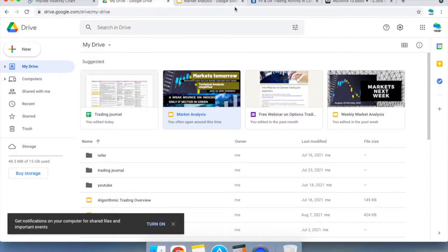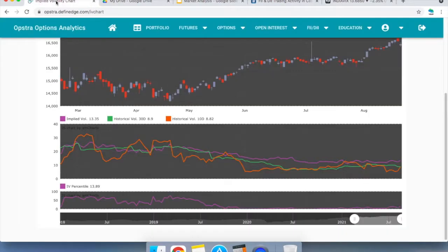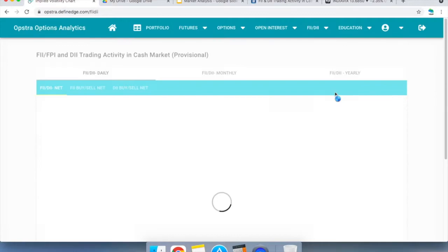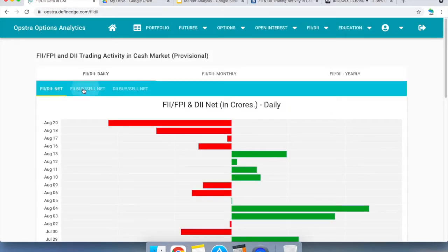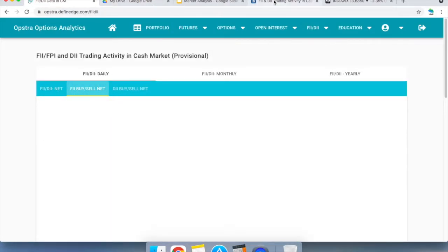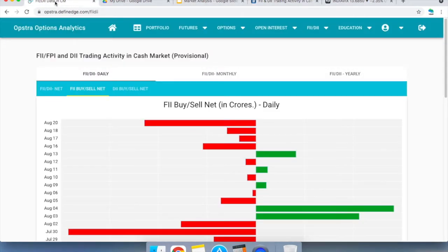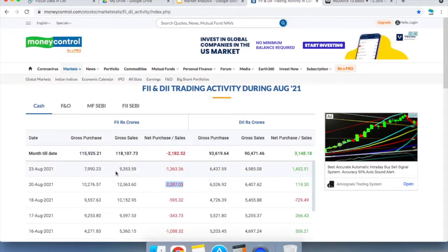And institutional participation, if you look at the data, what happened today was, the data is not updated here, so let me check once again. The data is not updated here for the 23rd, but the 23rd August data in the cash is saying that the FIIs sold 133 crores today. DIIs were the ones who kept the market up, 1,450 crores of buying happened.